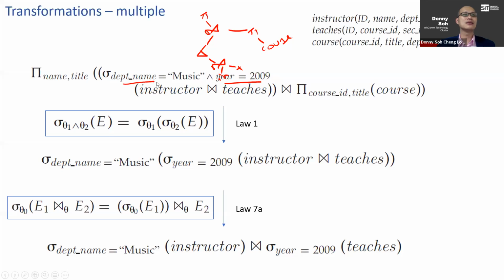This part should be easier to see, I'm just breaking this AND up into a bracket, that's all. Once we come to this expression, we realize that theta year affects only the teachers, theta music affects only the instructor. And so we can use law 7a two times. We push one time, and then we use law 7a again. We push this another time to form this expression.